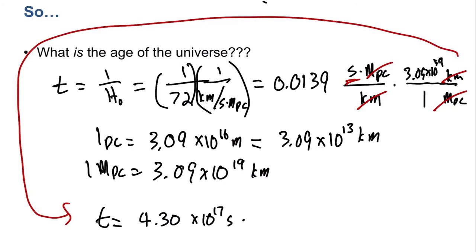We know that there are 60 seconds in a minute. In this case, we want 60 seconds on the bottom so that the seconds will cancel out. We know that there are 60 minutes in an hour. We know that there are 24 hours in a day.